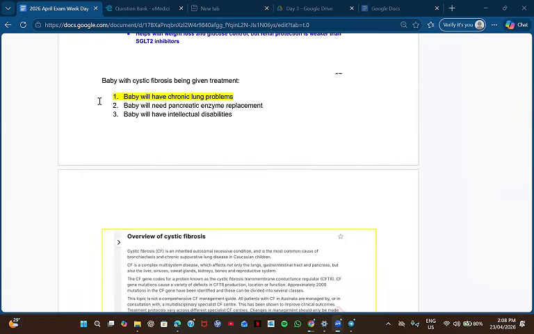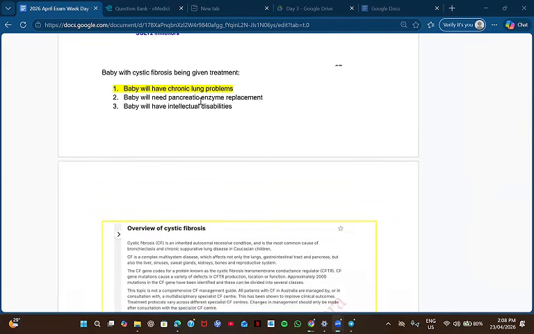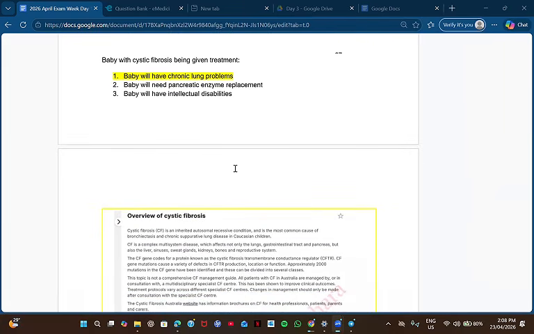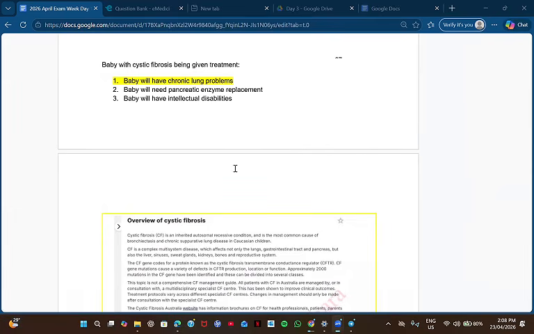Both answers are correct, but the most common one we can take is the first one, because this thick mucus accumulation together can lead to recurrent chest infections and chronic lung problems like bronchiectasis. Those can happen, right, doctors?